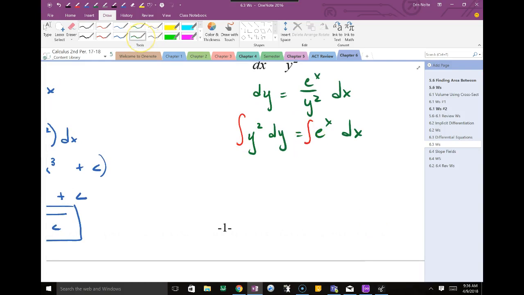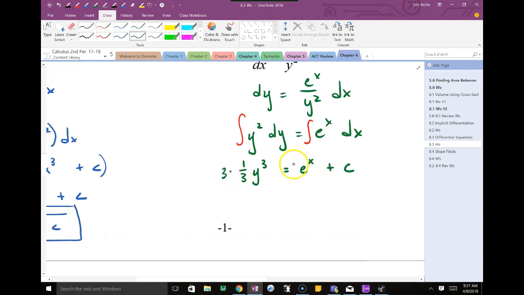Okay, integral of y squared. 1/3 y cubed. Nice. Whoops, I wrote an x. Let's try y. Ooh, do you know the integral of e to the x? E to the x, very good. It's its own derivative and its own integral. Now we always multiply by 3.